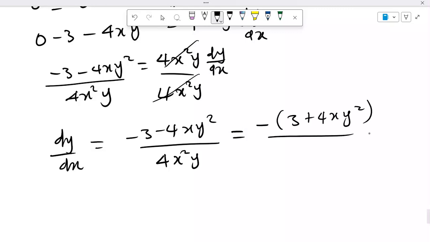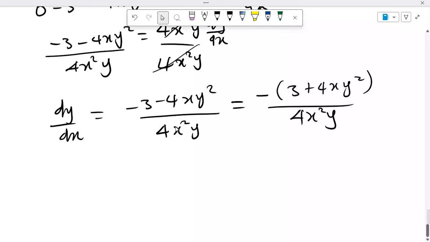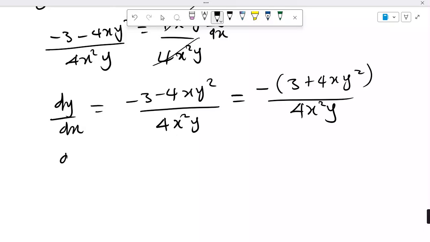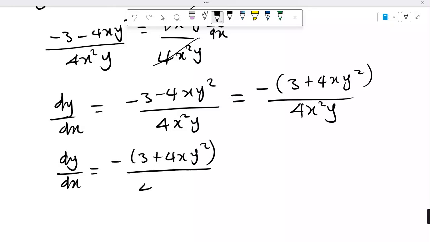Like this it looks more mature. So dy/dx equal to negative 3 plus 4xy squared over 4x squared y. Okay, so this is your answer.